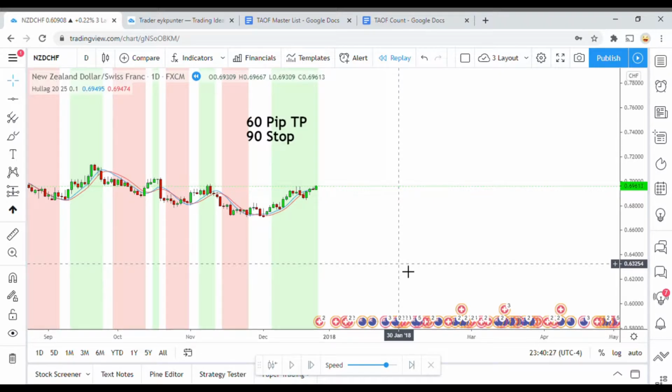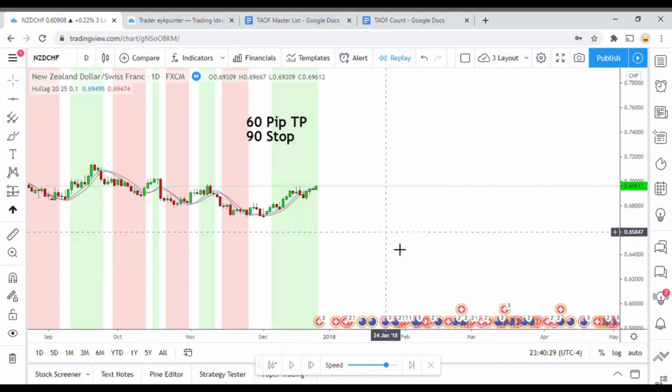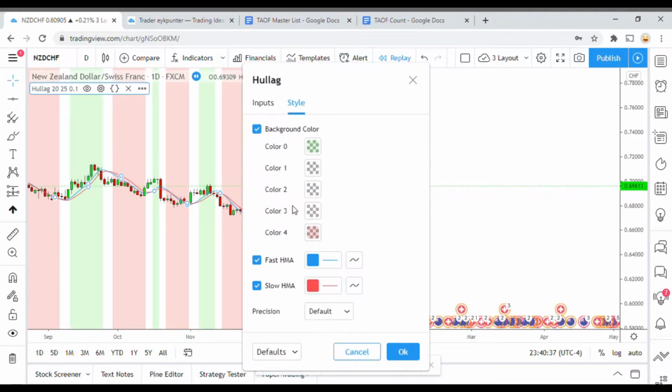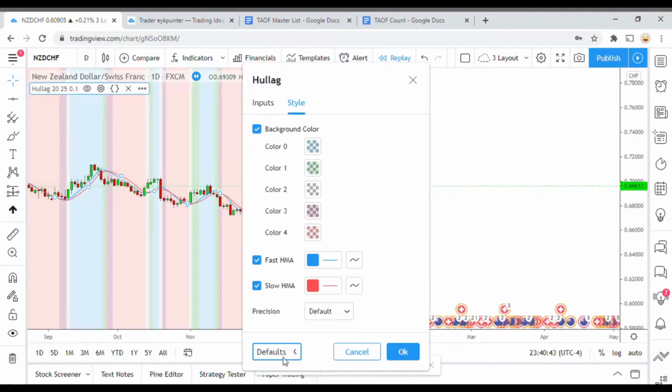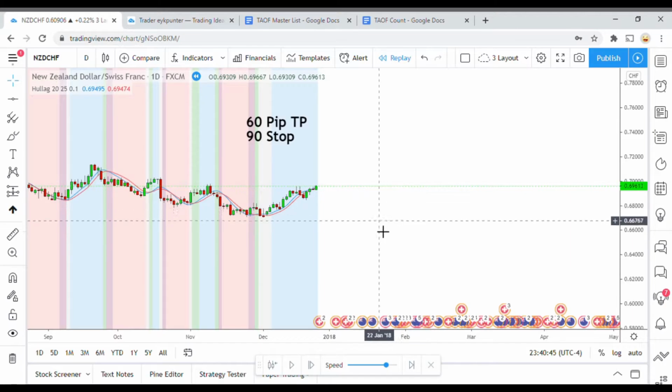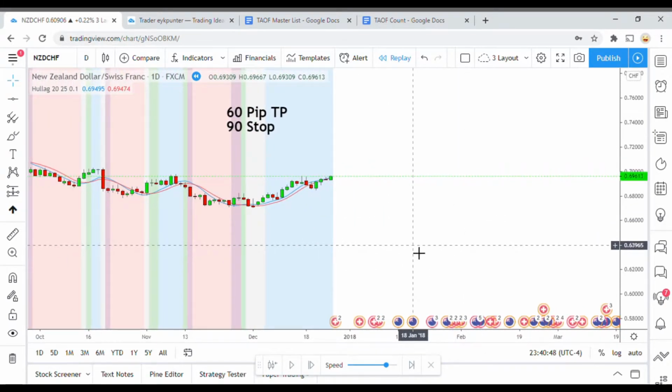And so now I did go in and I did make some visual modifications to the indicator. So let me go in and reset.